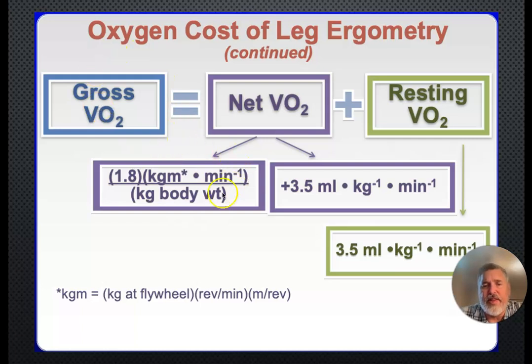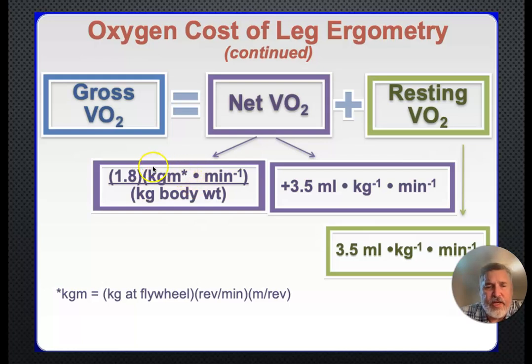Once I determine that, the unloaded portion is 3.5 and the resting is 3.5. So instead of plus 3.5 plus 3.5, you're just going to see plus 7 mL per kg per minute.